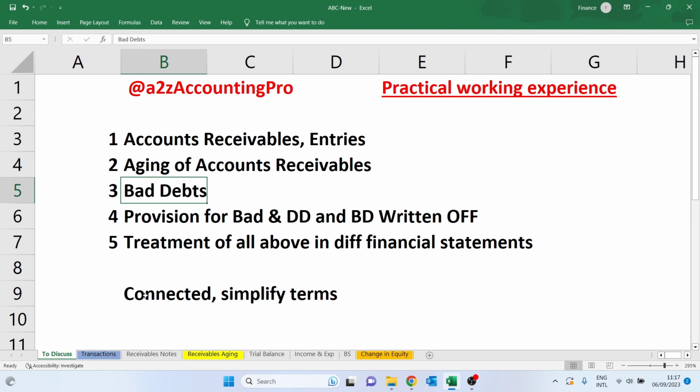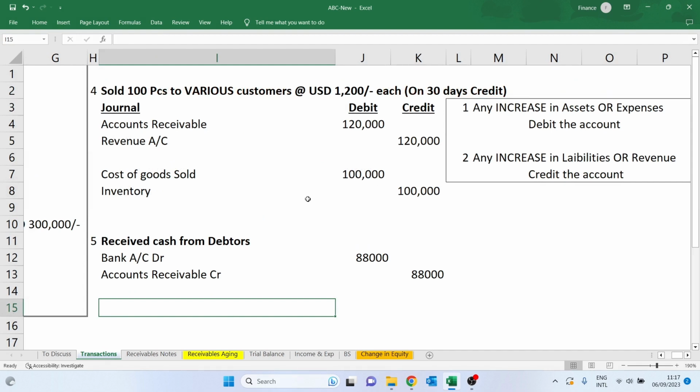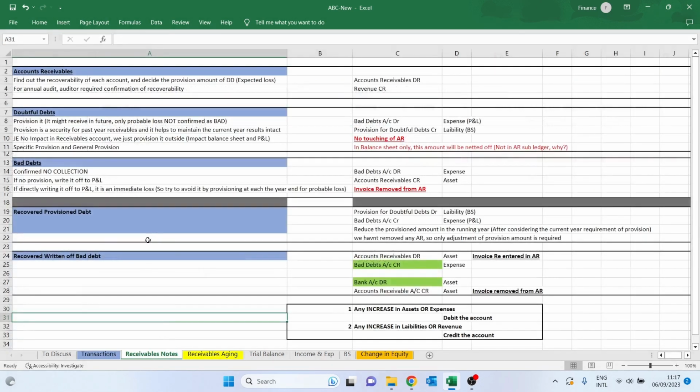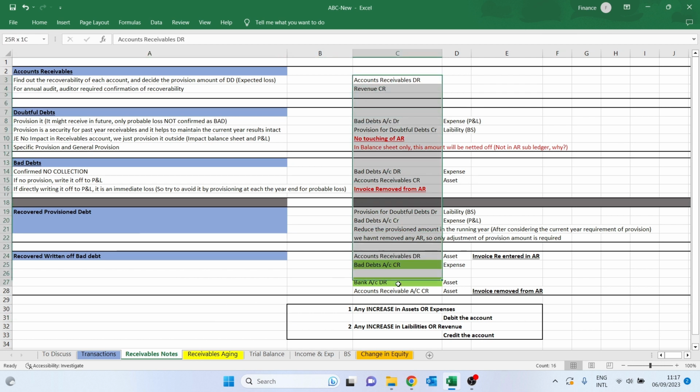For starting, I have here the transactions which we are going to discuss today, and a few notes on the terms involved here: accounts receivable, doubtful debts, bad debts, and the recovery of these debts, and the entries for each and every step, and how we are going to identify them easily.